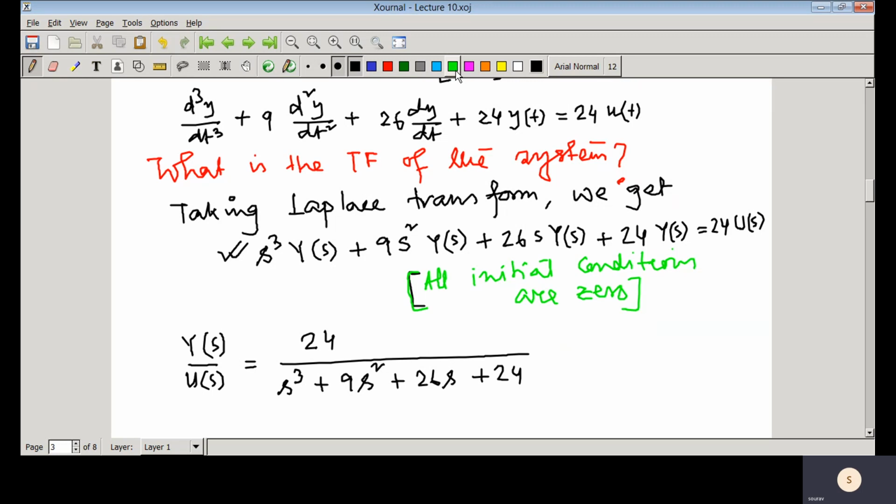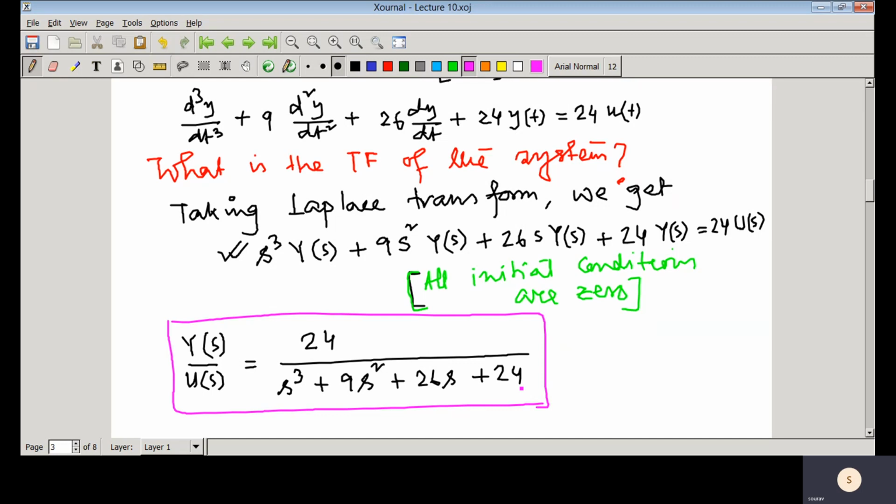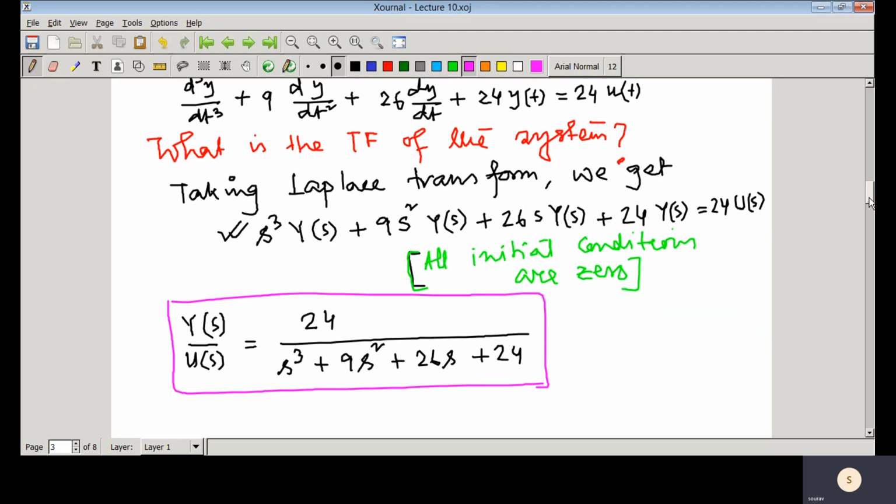So this is the transfer function you have for this particular system. And now you can see the order of the system is 3, the maximum degree of the denominator. This is a third order system.